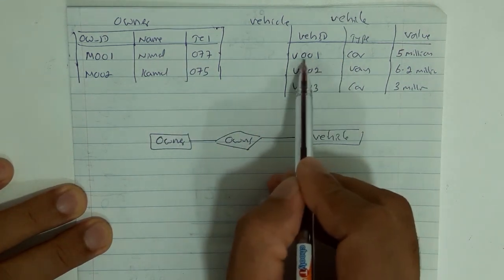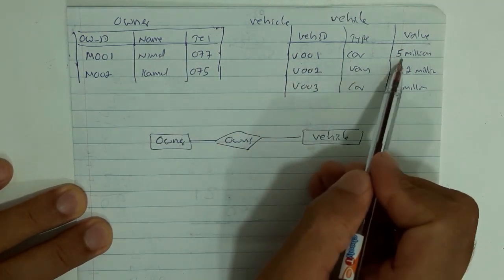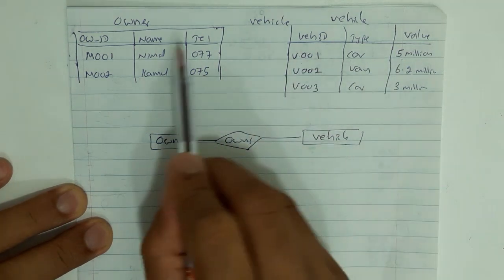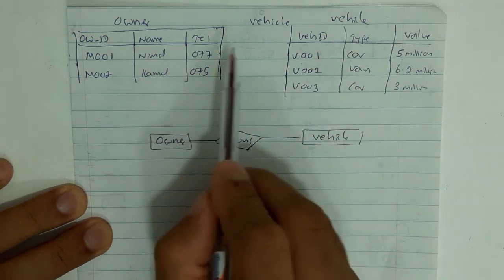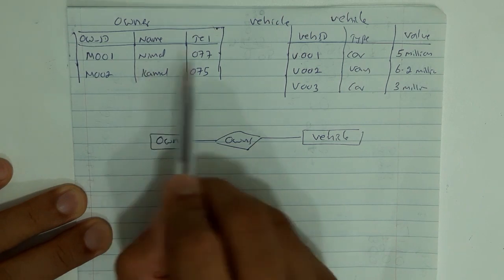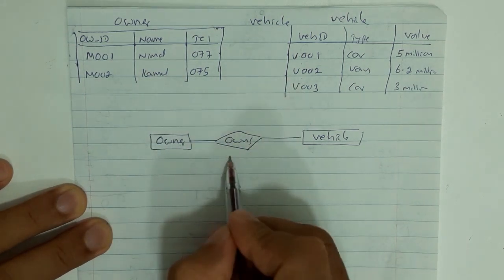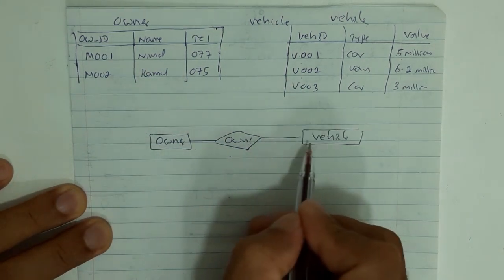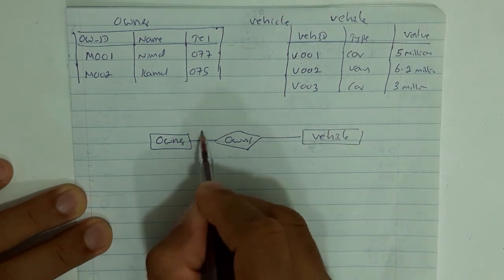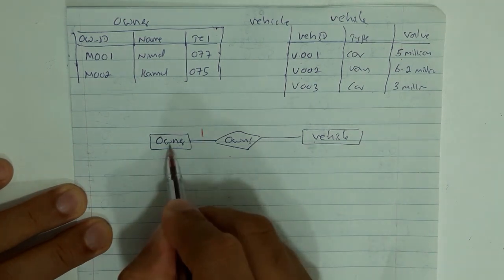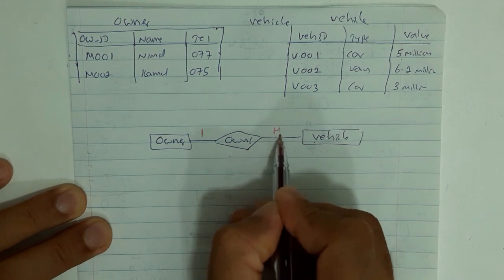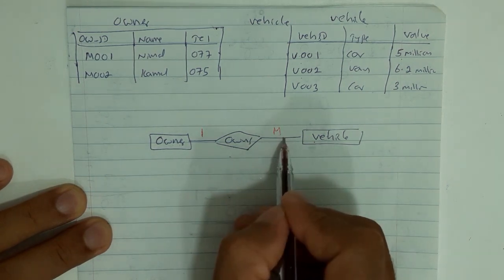When you consider this car V001, car cost is 5 million, that is owned by only one owner. But on the other side, a single owner can own many vehicles. So that's the way we label the cardinality. A vehicle is owned by only one owner, whereas one owner can own many vehicles, one to many relationship.